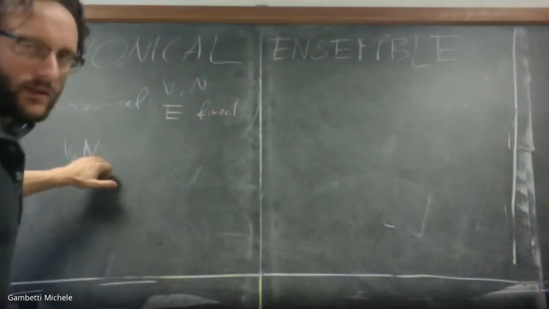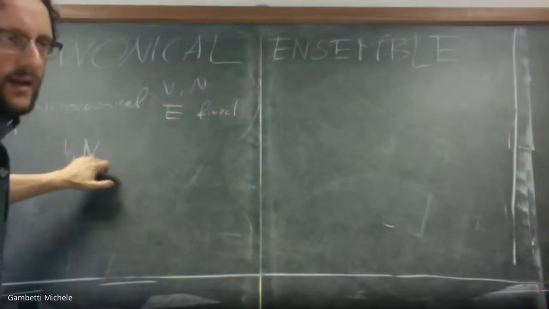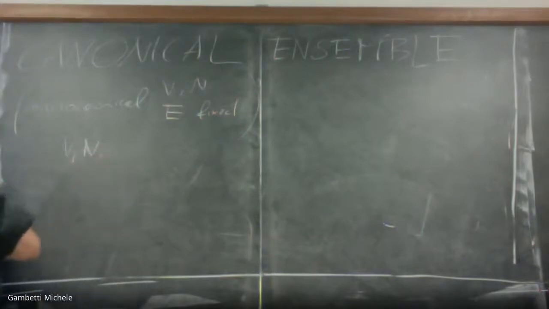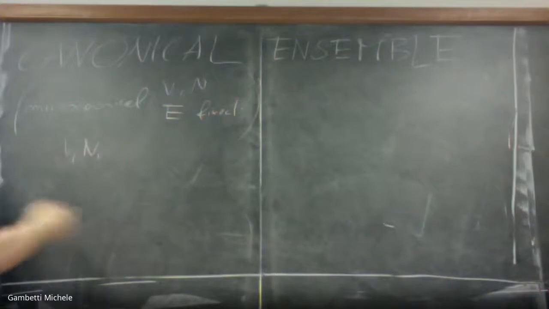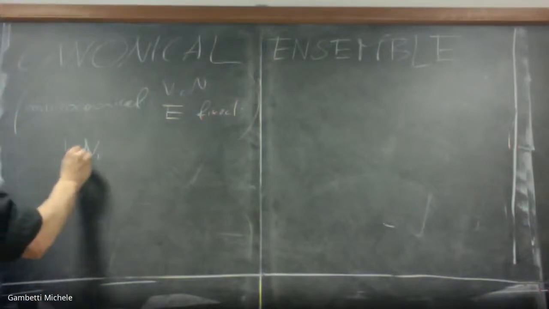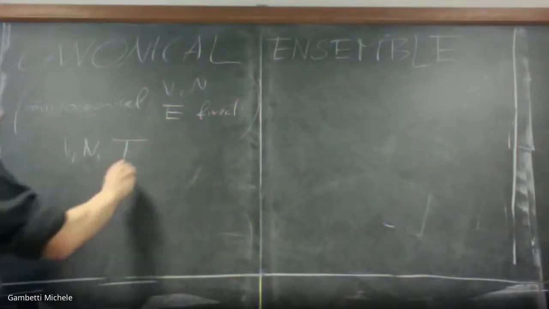Actually, we will see in a couple of weeks that the constraint on N can also be removed. But typically the situations which are more useful from the phenomenological point of view are those in which V and N are fixed, and instead of the energy, it is the temperature that is fixed.